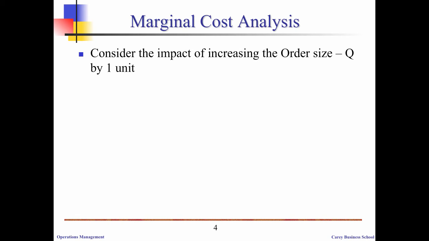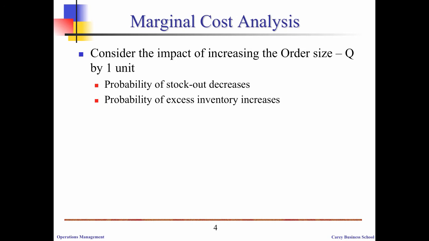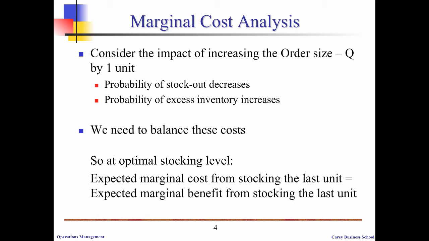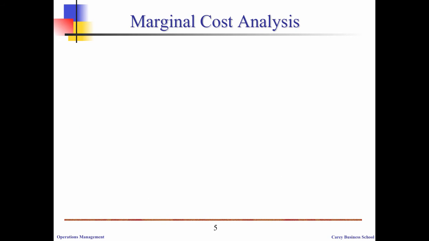When we increase the order size, the probability that we run out of papers before all demand is served must drop. On the other hand, the probability that we have at least one paper left over after all customers are served must rise. So we can say that the optimal order size must be where the expected marginal cost of ordering that last unit is about equal to the expected marginal value of ordering that same unit.